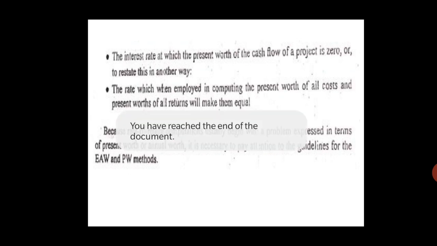Or in other words, it is the rate which, when employed in computing the present worth of all costs and present worths of all returns, will make them equal. Because rate of return computations usually begin with a problem expressed in terms of present worth or annual worth, it is necessary to pay attention to the guidelines of EAW and PW methods.